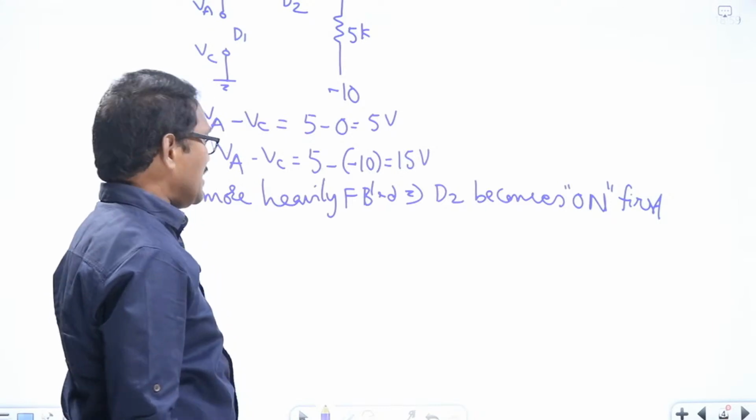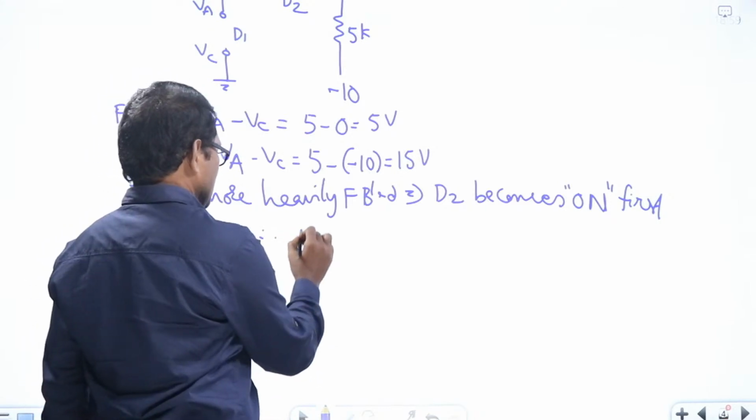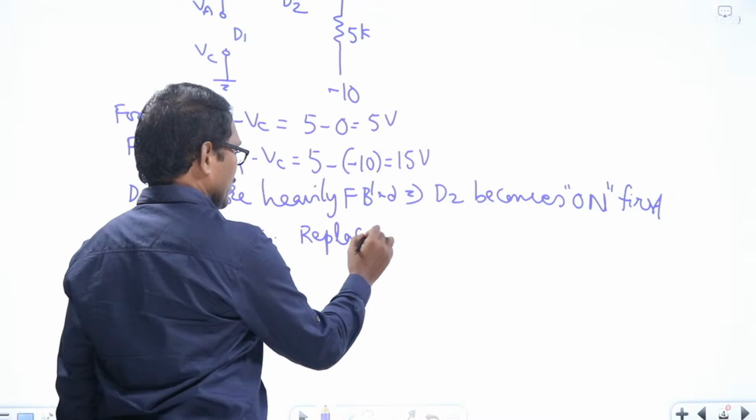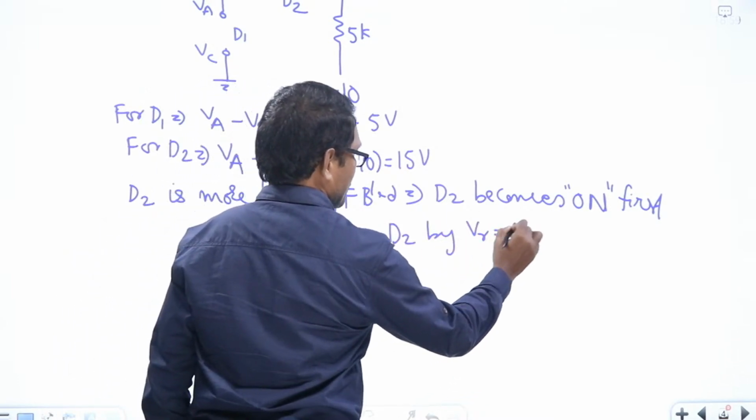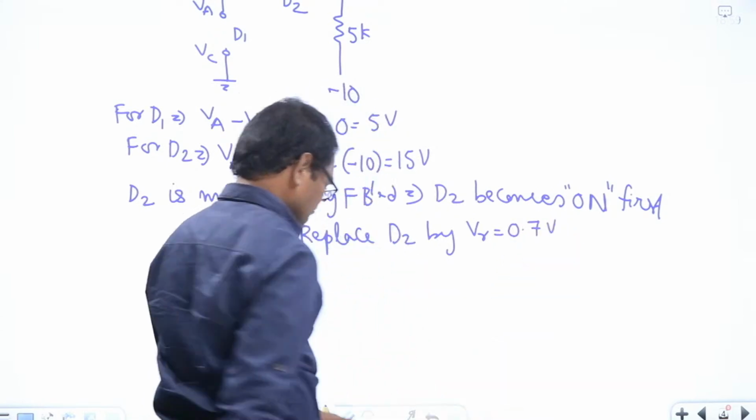Now therefore replace D2 by V gamma, V gamma is equal to 0.7 volts.